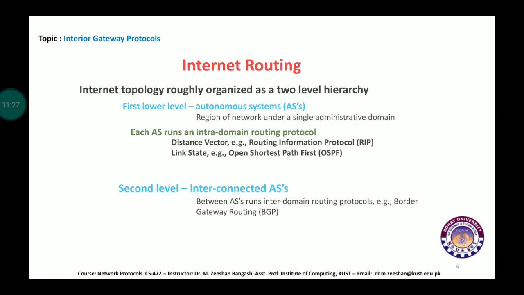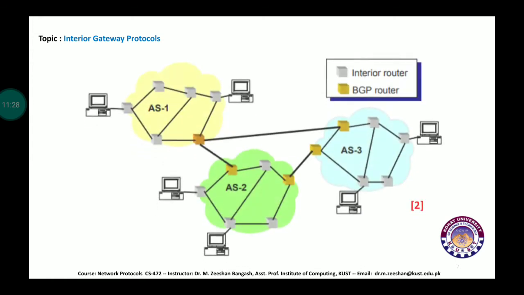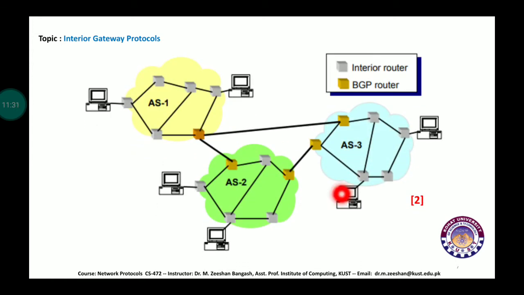Now, let's consider this diagram in which you can see that this is one autonomous system in which there are different nodes connected to each other, with a lot of intermediate nodes, and from the source towards the destination there are multiple paths. So it's a sort of graph.